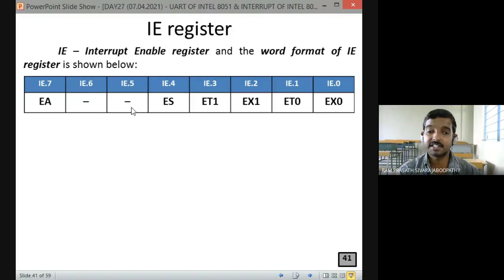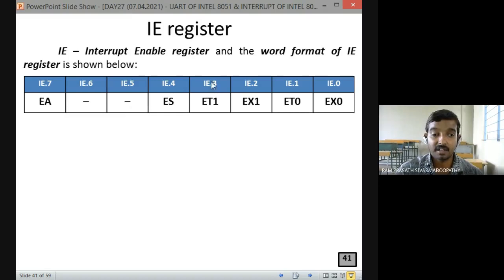What about the next one? Timer 0 overflow interrupt, correct? Yes. What about the next one? External interrupt 1 has the next higher priority, correct? Yes. Next, timer 1 overflow, very good. Next, finally, the serial interrupt.